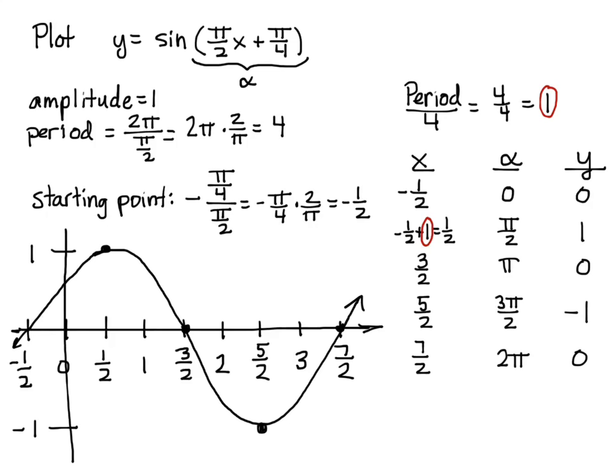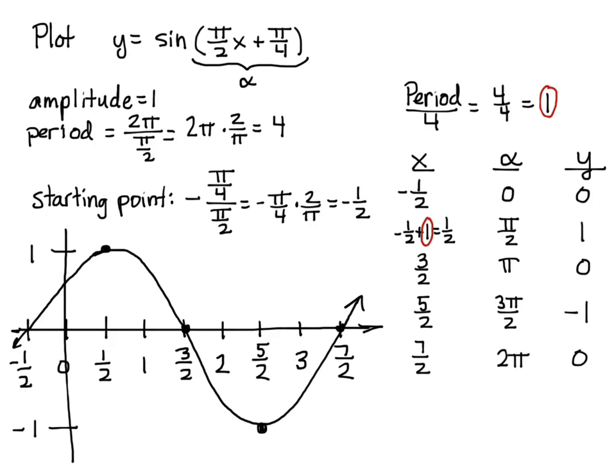So let me write those things. You want the amplitude. Let's say y equals a sine(bx plus c) plus d. So the amplitude is the absolute value of a, and then the period is going to be 2 pi over b.